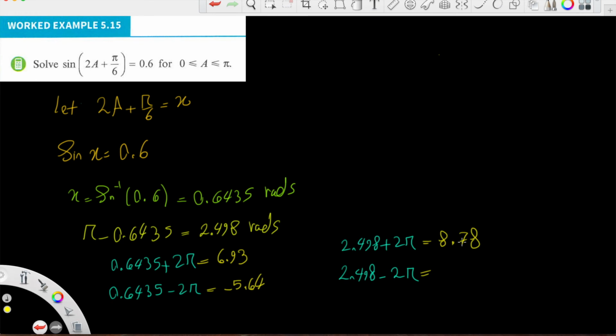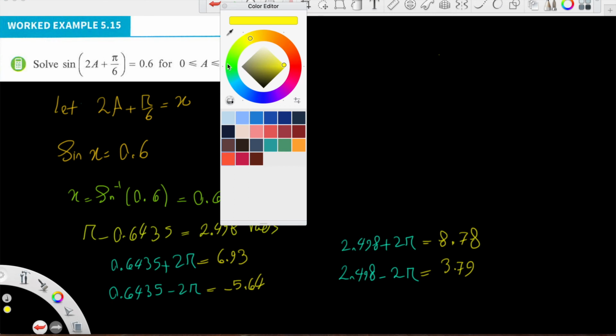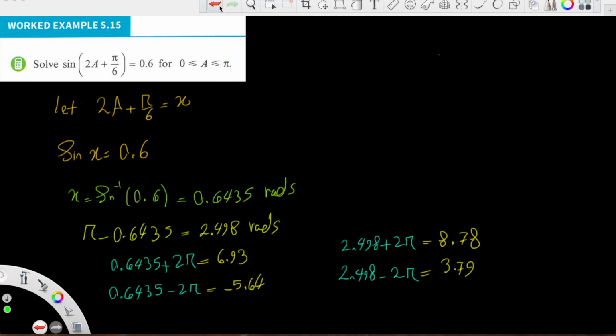Next one, subtraction, 2 pi minus 2.498 is 3.79. These are in rad, but as you see here, 2a plus pi over 6 is replaced by x.